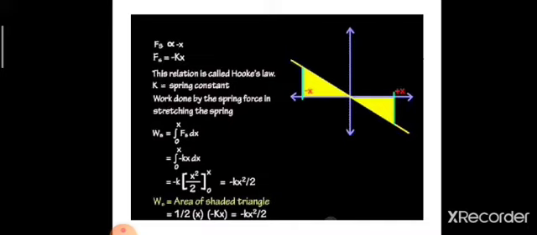Minus k can be taken outside the integral sign. The integral of x will be x squared by 2 within the limits 0 to x. So work done will be given by -k x squared by 2, applying the upper limit minus the lower limit. From a graph between force and displacement, we can see that the area under the line gives you the work done.